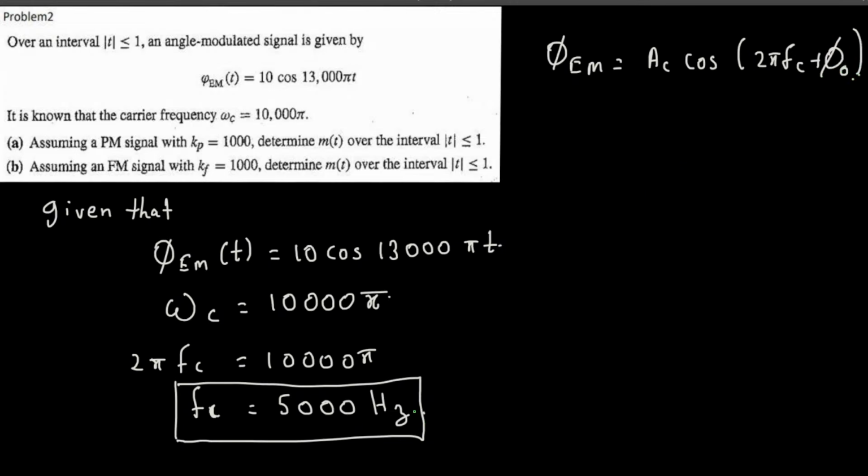And we know that 2 pi fc is 10,000 pi, and I'm looking at this here. Ac is 10 in this case, and 2 pi fc is 10,000, so this phi naught must be 3,000.